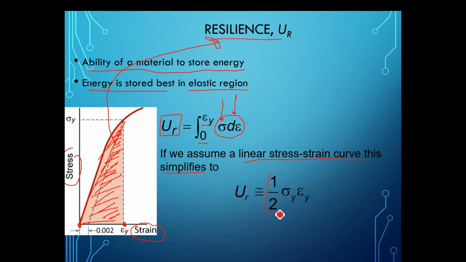So it would be half into base into height. This would give me the resilience of the material, which has units of stress or energy per unit volume. So the area under the stress strain curve is basically representing energy per unit volume.